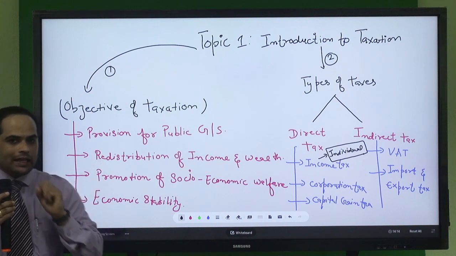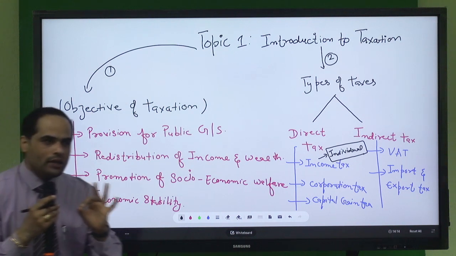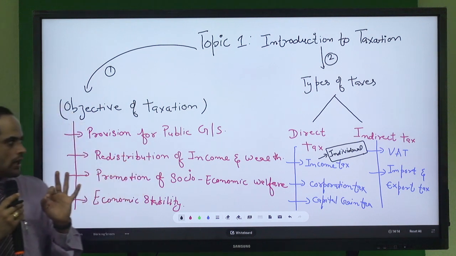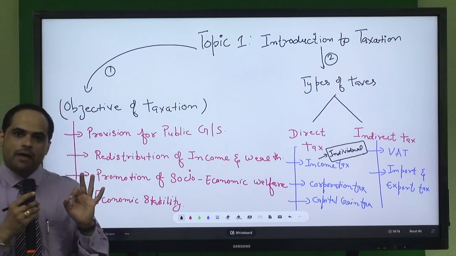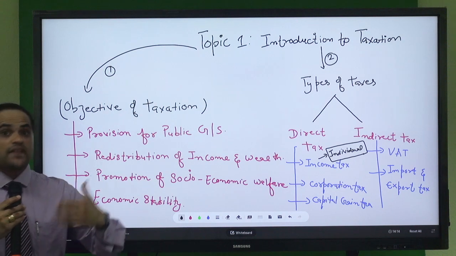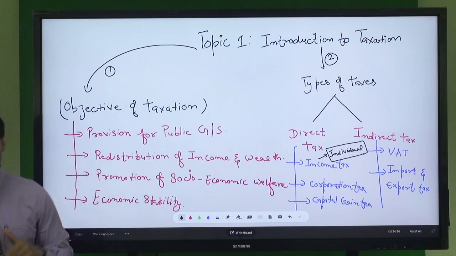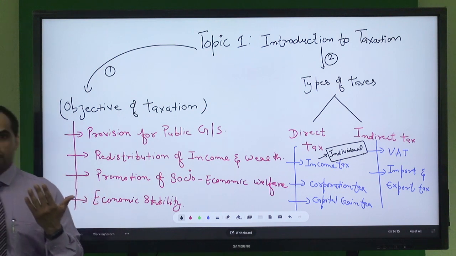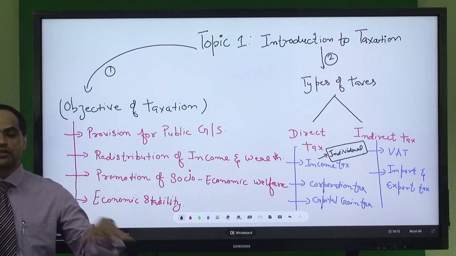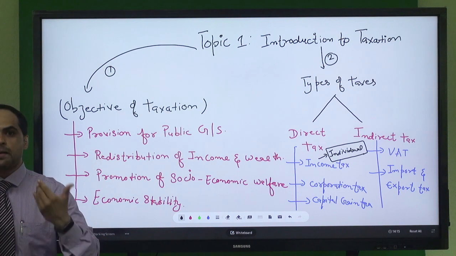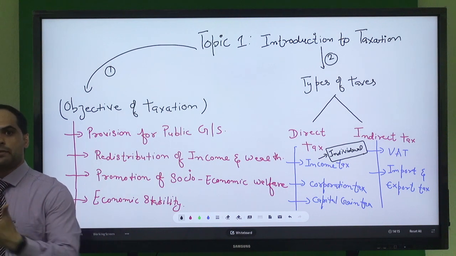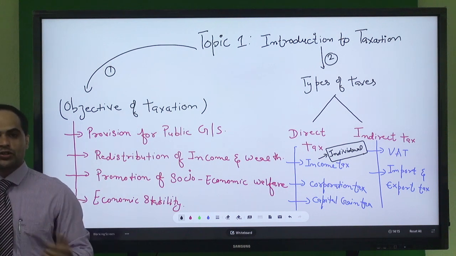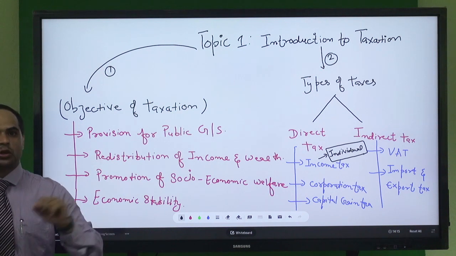But remember, income tax does not only involve salary. There are some other things also involved in income tax, such as rental income. So I have a house, I put the house on rent, and every month I receive a fixed amount of rent from the tenants. So I have to pay tax on that rent.